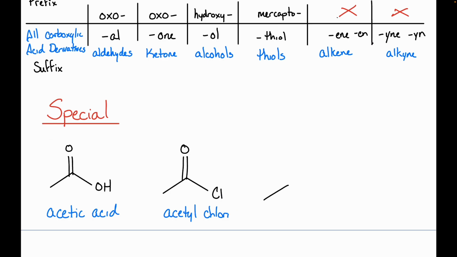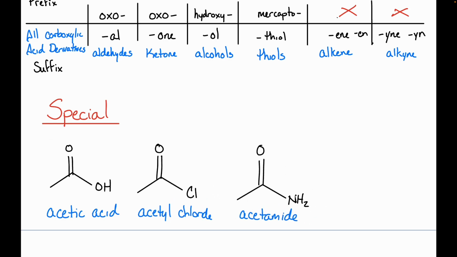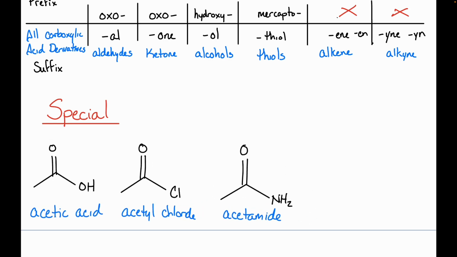If we have a 2-carbon amide, it's not ethanamide, it's acetamide. And then lastly, if we have an ester that has 2 carbons, I guess we can just look at a specific example here.